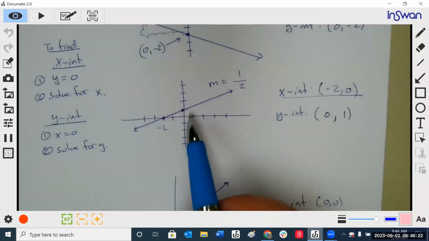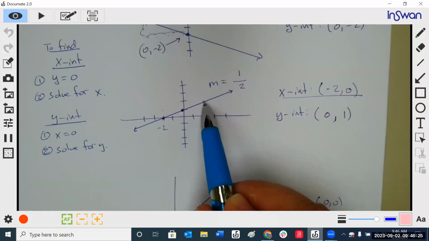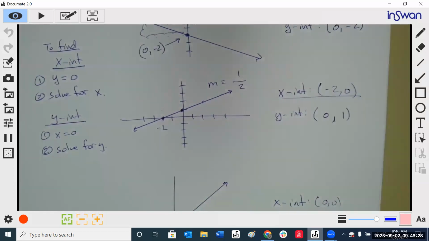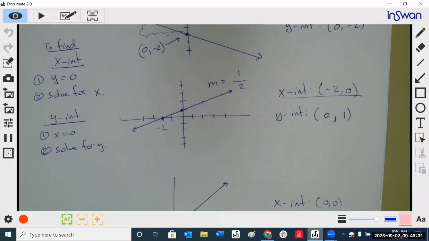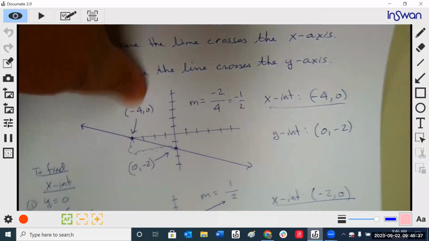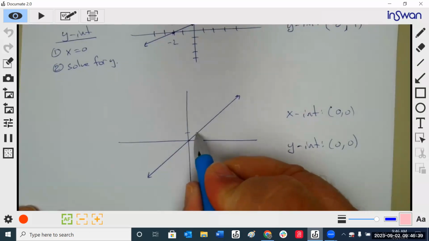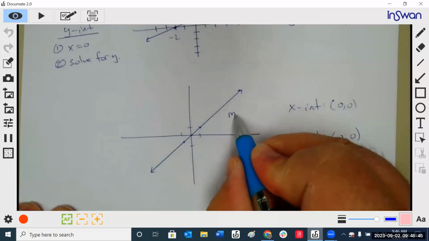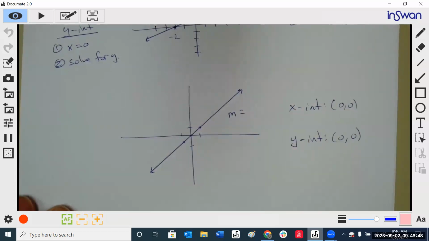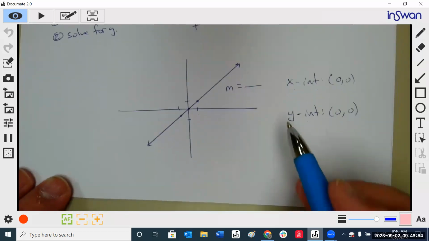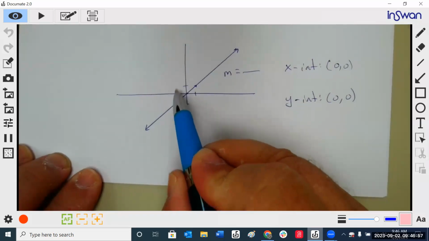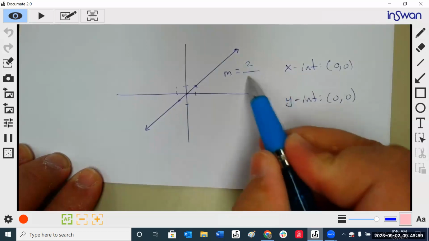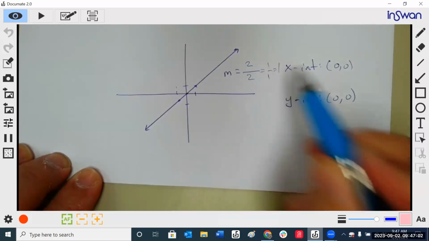So every point from here on out, up 1 over 2, up 1 over 2, up 1 over 2. What's the slope of this one? What's that? Yeah, you go from here, you go up 2, over 2, which is 1 over 1, which is 1.